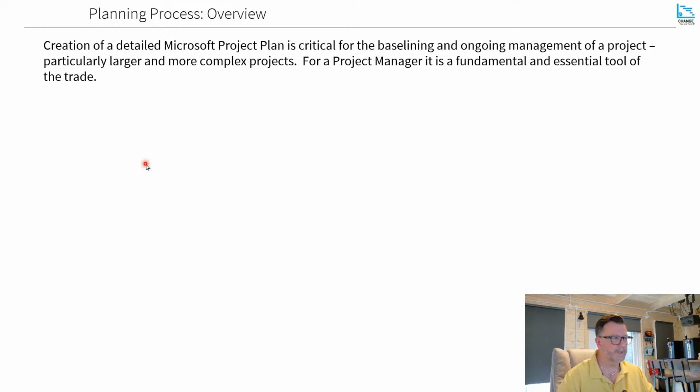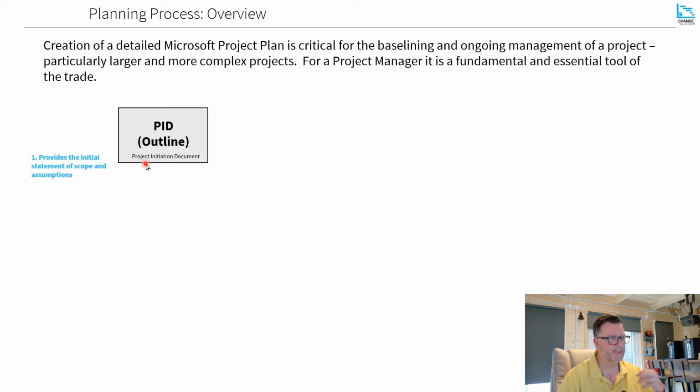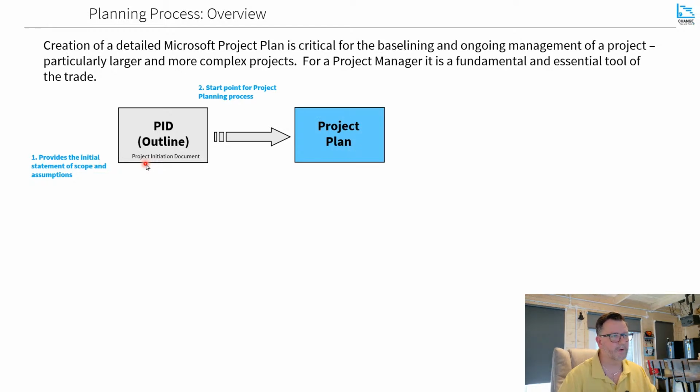And the thing that you'll start off with is possibly a project initiation document or a project brief, which outlines maybe an outline business case, a statement of the scope, some key assumptions, etc. That'll be your starting point, and you'll agree that with your sponsor and some key stakeholders. Then, based on that, you'll start the planning process.